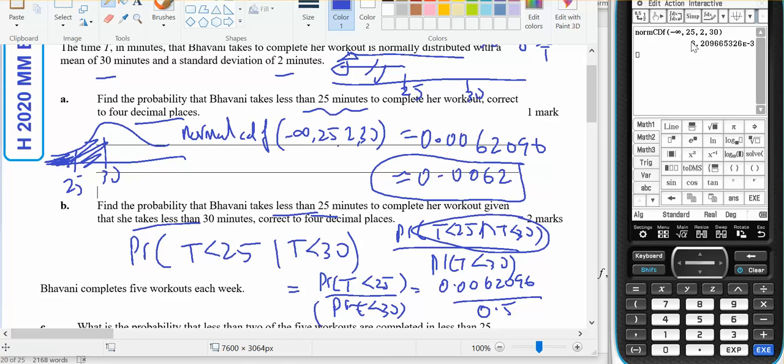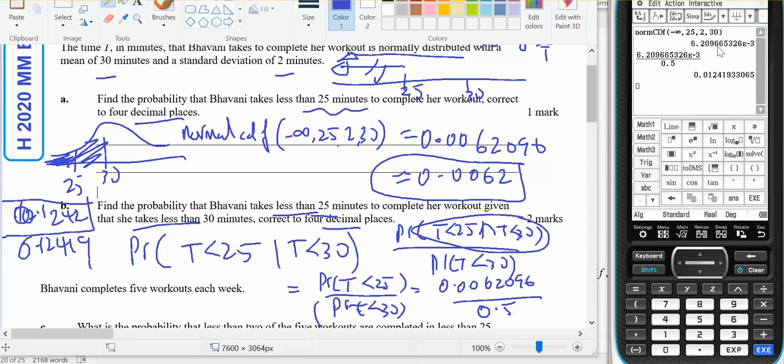So if I take that answer and divide it by 0.5, I get this answer, which is 0.12419. And I'm doing it to 4 decimal places, so 0.1242.